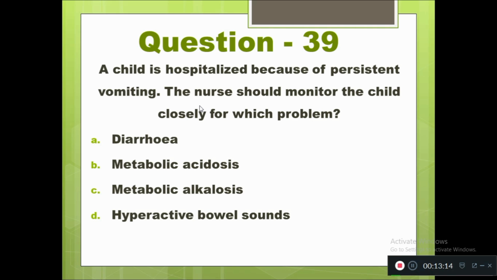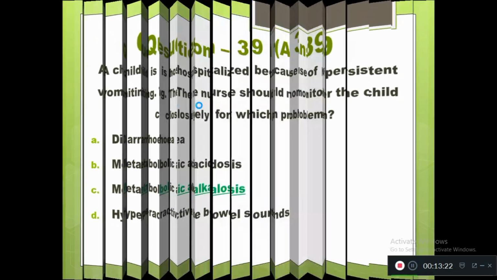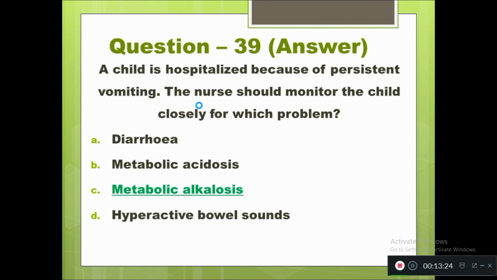So here the hospitalized child has persistent vomiting, and the nurse should monitor the child closely for metabolic alkalosis. In vomiting, all the upper gastric contents go outside. As a result, it leads to metabolic alkalosis.